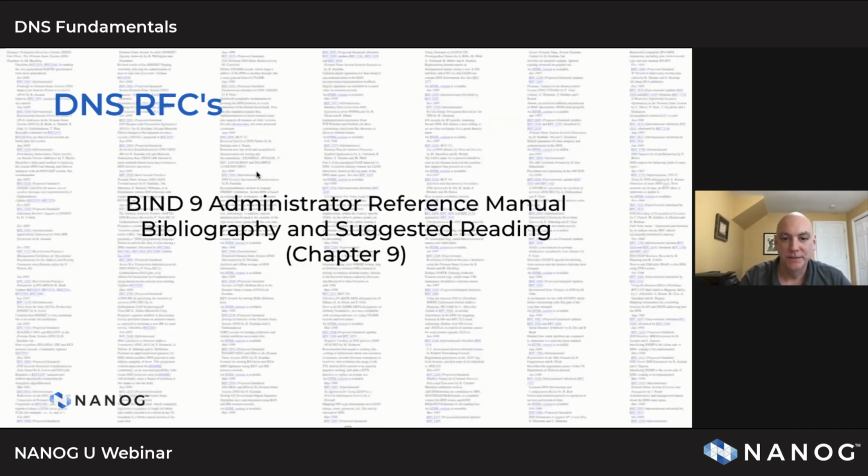All right, back to the slides. Okay, so fast forward to, what year is it, 2021, and these are all the current DNS RFCs. As I mentioned, the core of the protocol is really old, but as you can see, there have been a lot of updates to the functionality of the DNS.